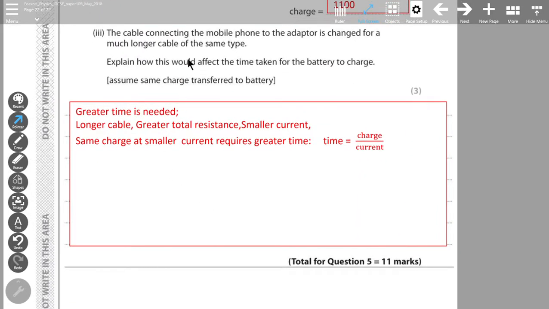The cable connecting the mobile phone to the adapter is changed for a much longer cable, for the same time. Explain how this would affect the time taken for the battery to charge. Assume the same charge is transferred to the battery. Greater time is needed. This is our statement. Now the explanation. Why? Longer cable, greater total resistance, smaller current. The same charge at a smaller current requires greater time.